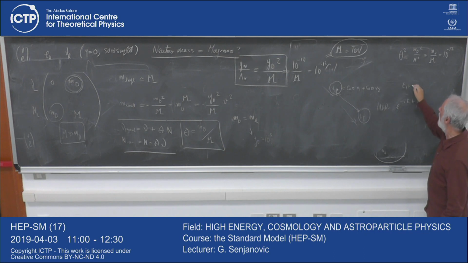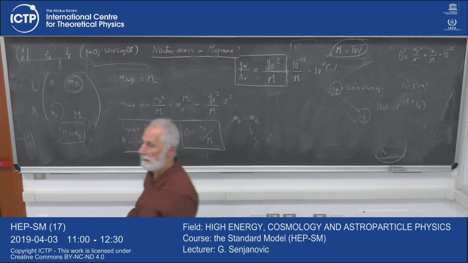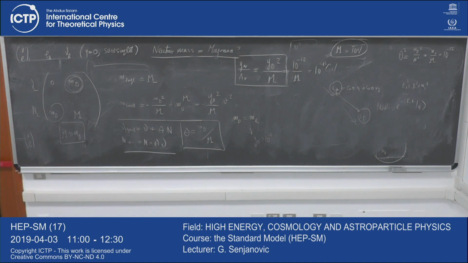E1 squared was p1 squared plus m1 squared. This was the definition. It was irrelevant. The mass was a kinematical mass. The mass was the dispersion relation of Einstein. It had nothing to do with the nature of neutrinos.